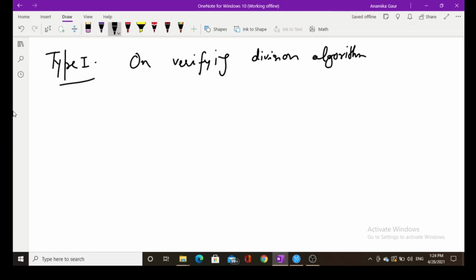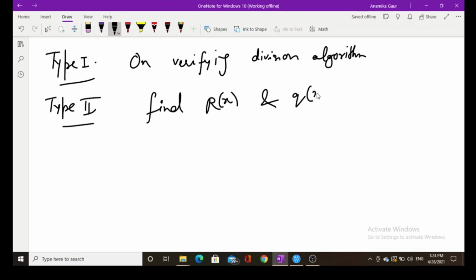Type 2 is we need to find the remainder and quotient in division algorithm.